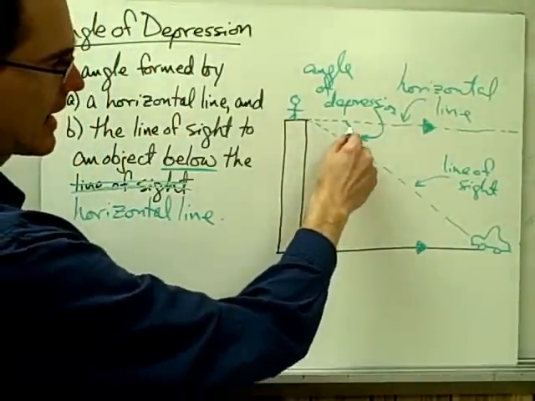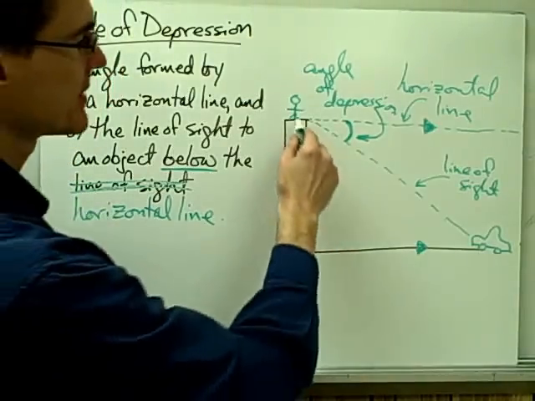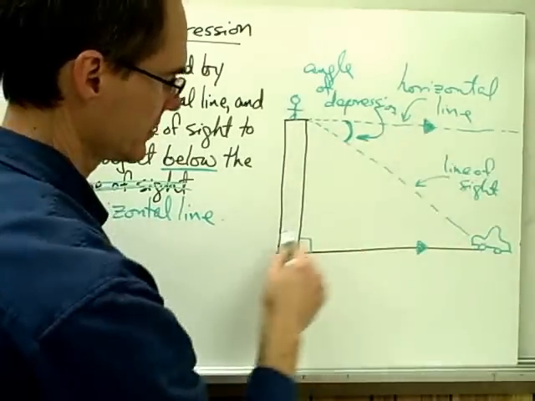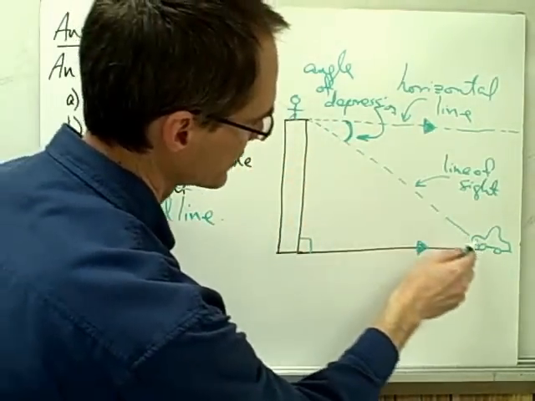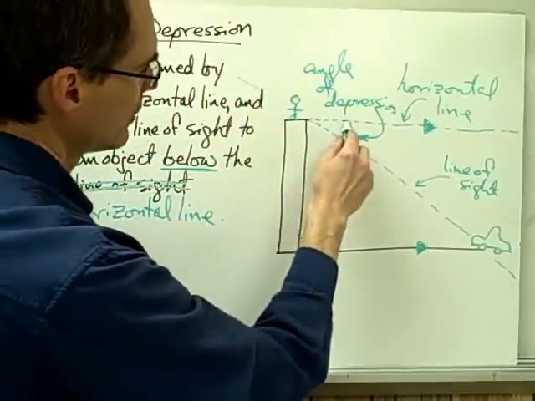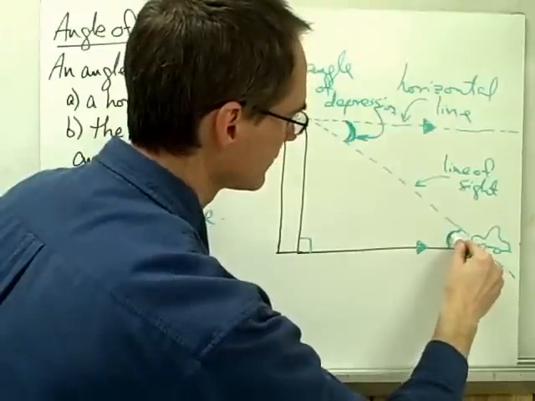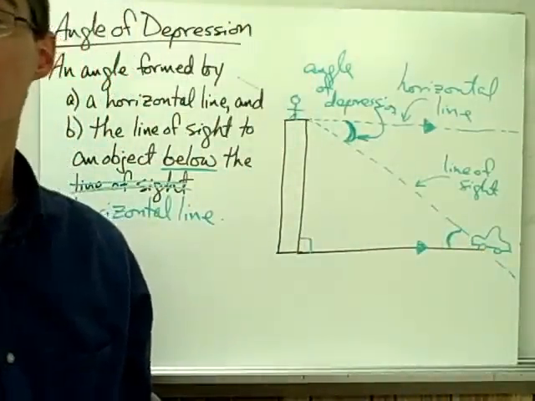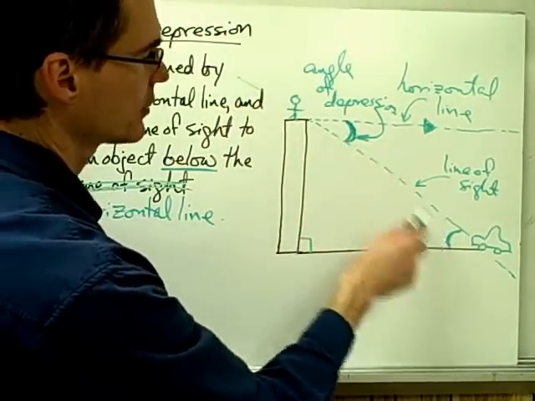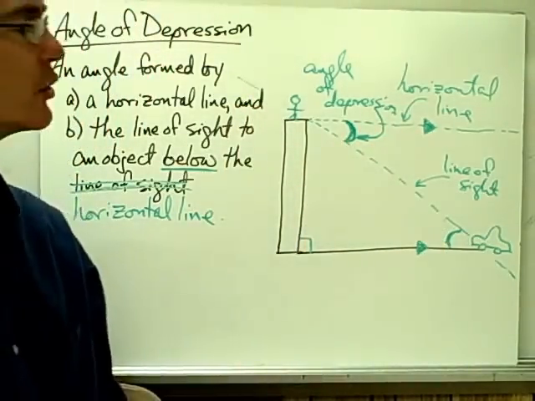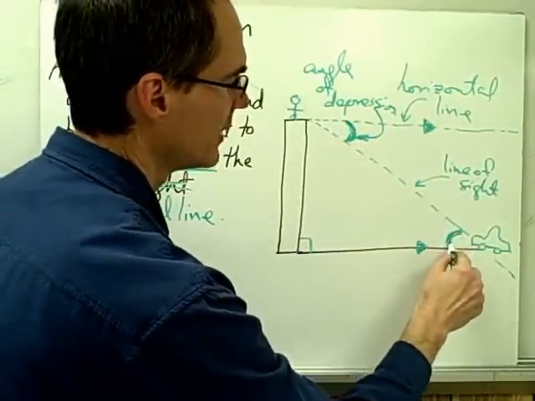And I have a theorem that I learned when we studied our unit on parallel lines that says if I have two parallel lines cut by a transversal, and you can think of this line of sight as a transversal, then this angle and this angle are alternate interior angles. So if I have two parallel lines cut by a transversal, then alternate interior angles are congruent. So whatever the value of this angle is, that's also the value of this angle.